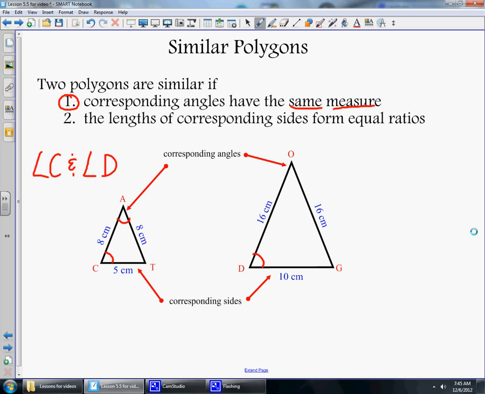And then angle A and angle O are corresponding angles. And then the last set of corresponding angles are angles T and G.